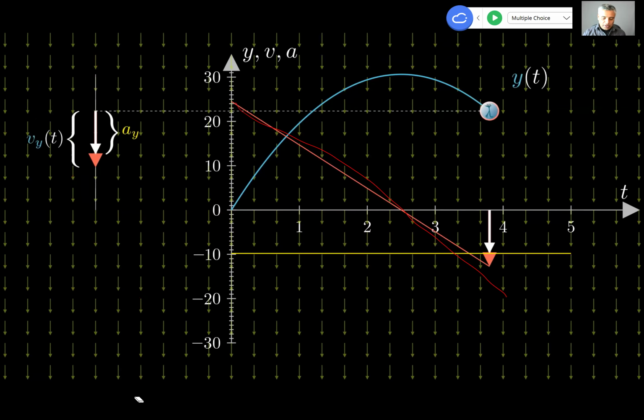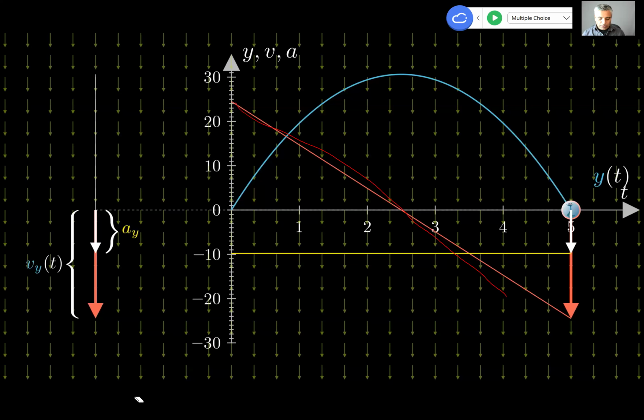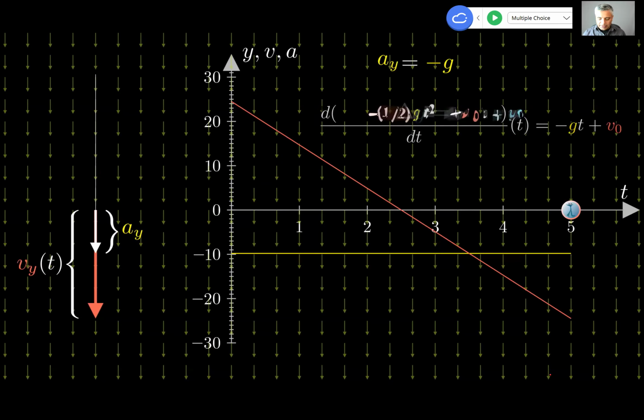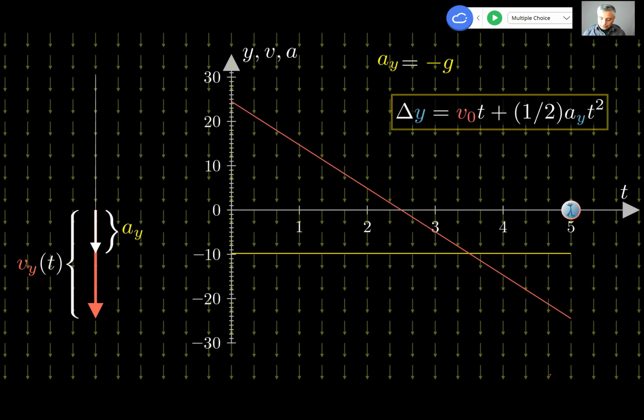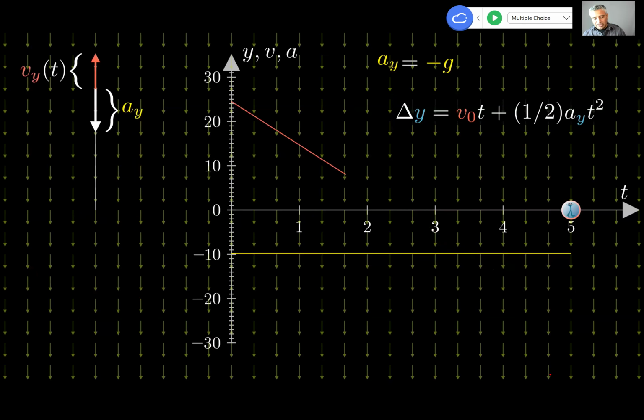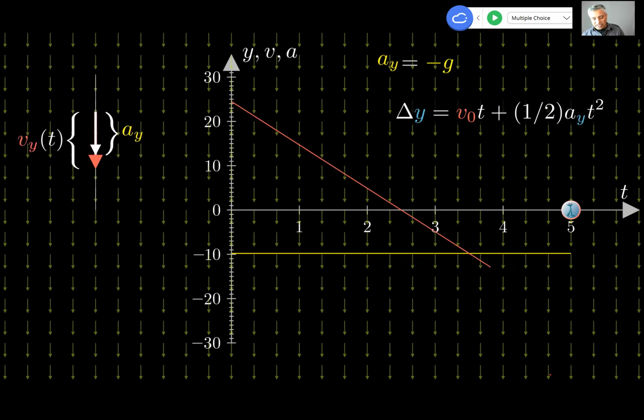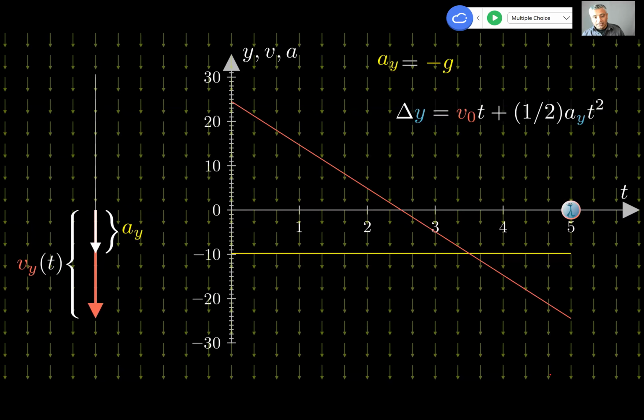But the acceleration, that white arrow here, always remains the same, downward all the time. See, the acceleration remains the same all the time, down, but velocity starts up first and then turns around.